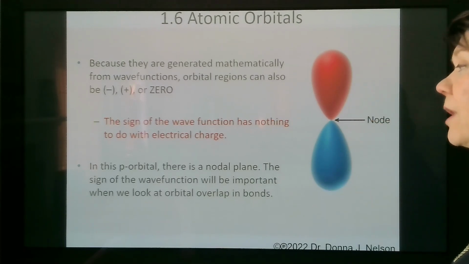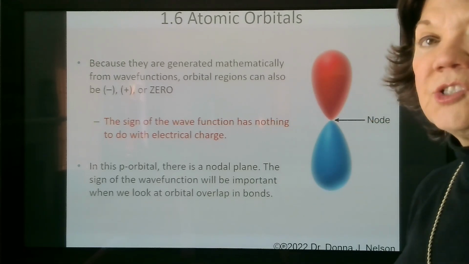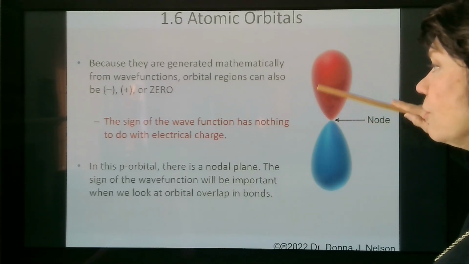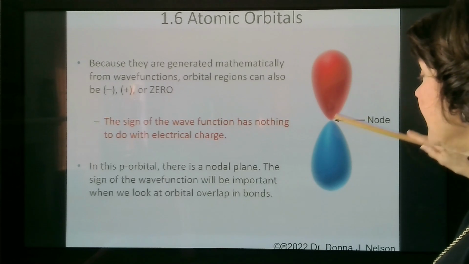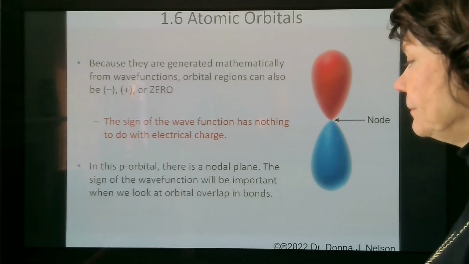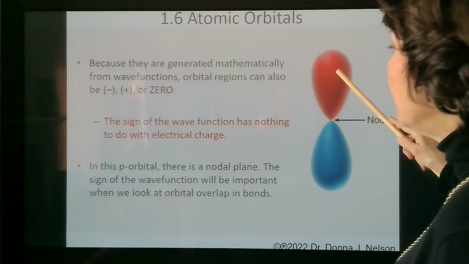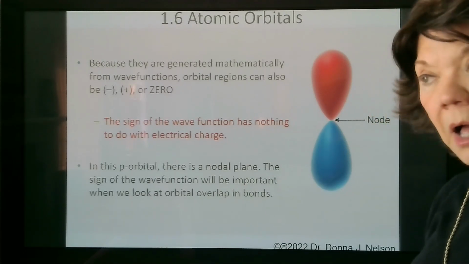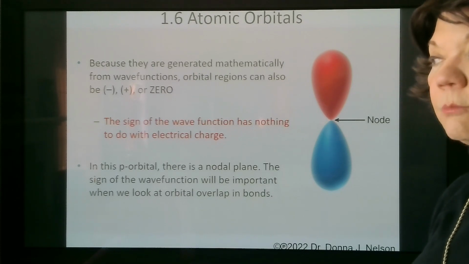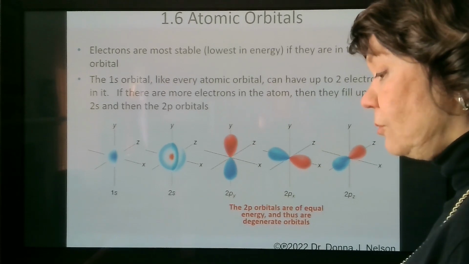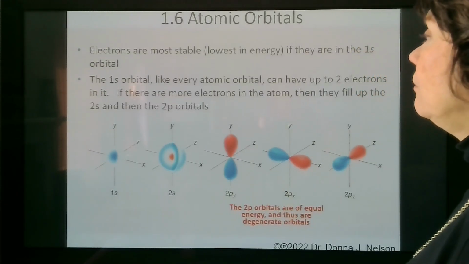The only thing that's important to convey is that they are different lobes of this orbital. That corresponds to the sign of the wave function, not the charge of the molecule or the formal charge on that atom or anything else. So be certain not to get those confused.